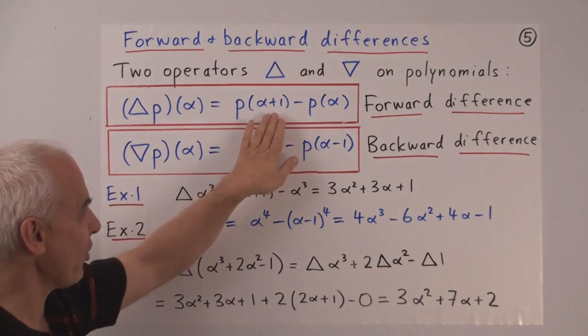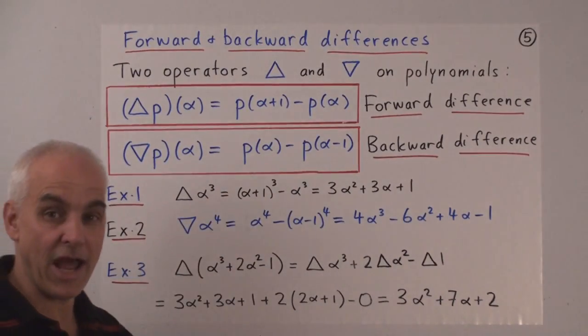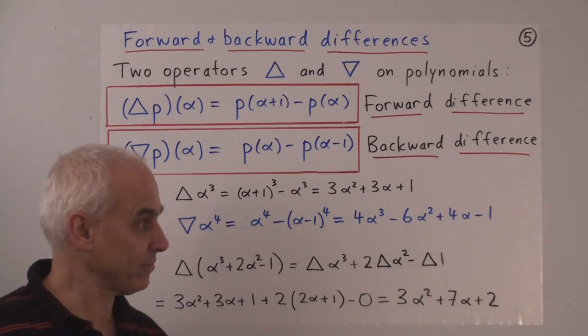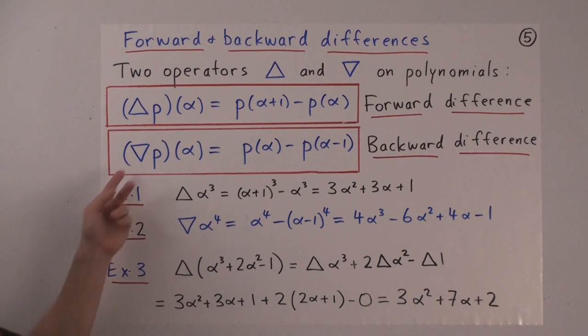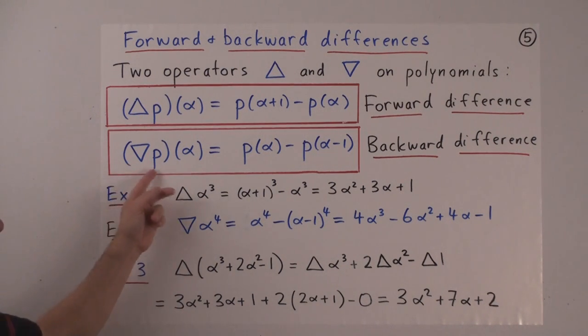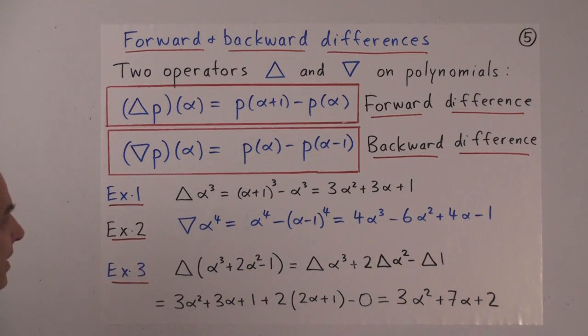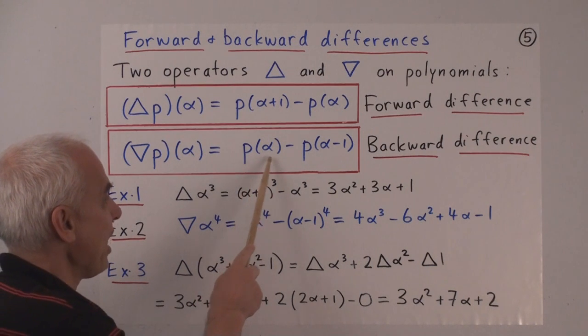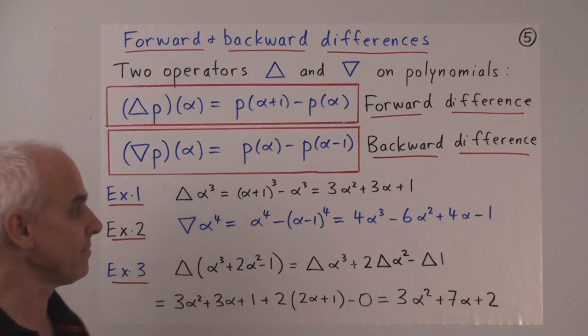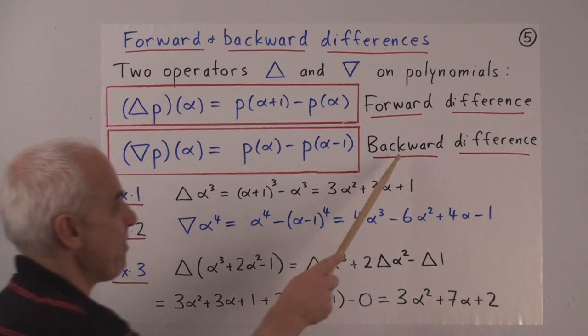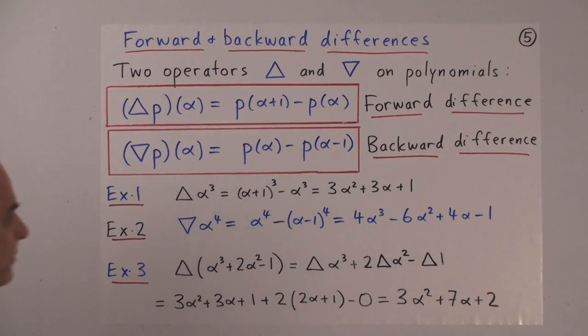Here we're doing it at the level of the polynomials, not at the level of the sequences, however. And this other one, let's call it del p of alpha, is the difference between p evaluated at alpha and p evaluated at alpha minus 1. It's called a backwards difference.